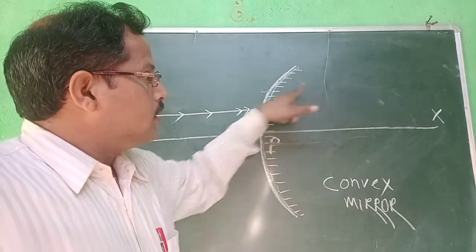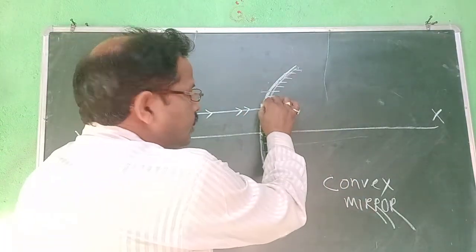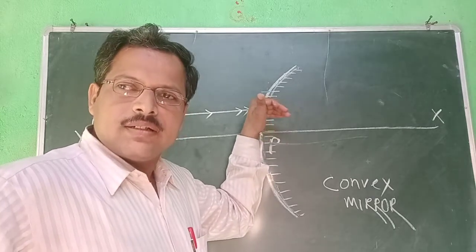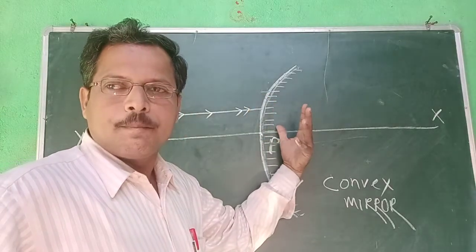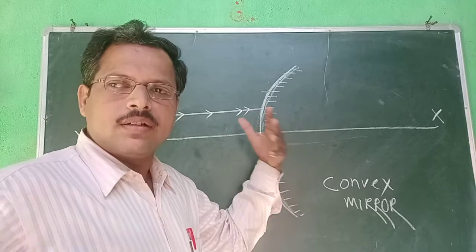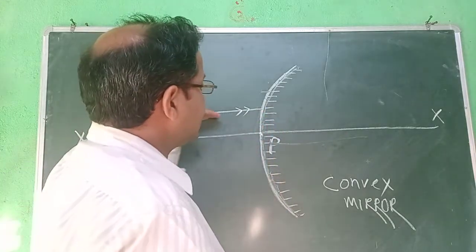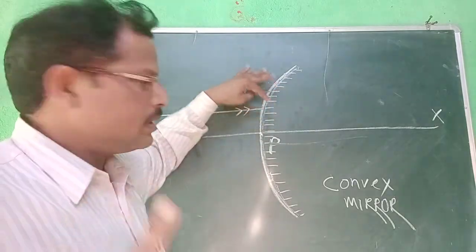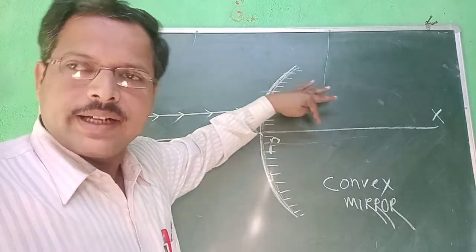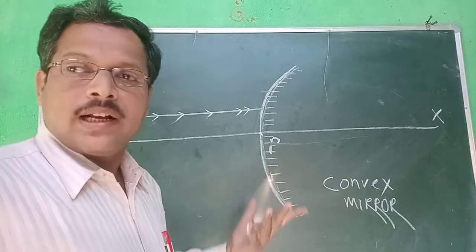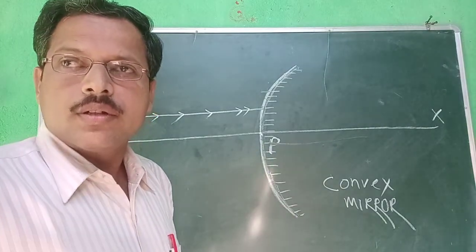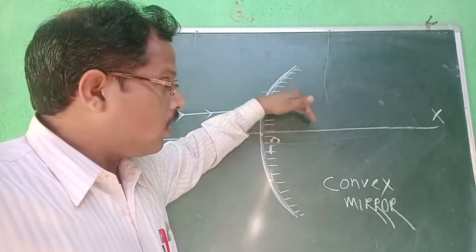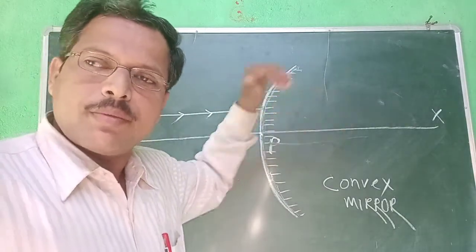Suppose it goes to the other side. A parallel line will cut the principal axis at the principal focus.